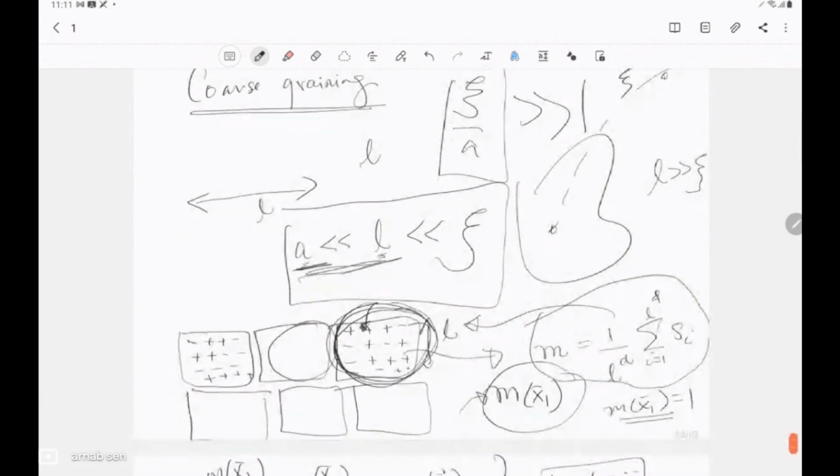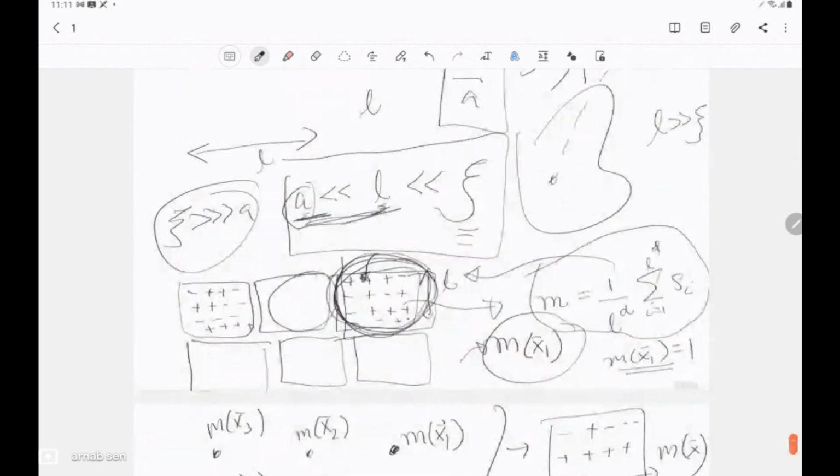Rather, you're observing the system at a certain length scale, small l, which should be much larger than the microscopic lattice spacing, but reasonably small compared to the correlation length of the system. I satisfy this because I'm looking near the phase transition, where xi is much greater. So this is okay.